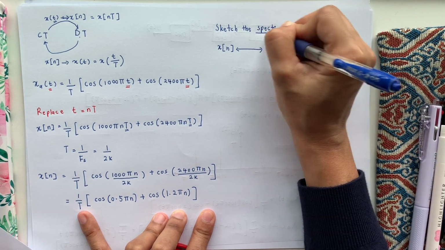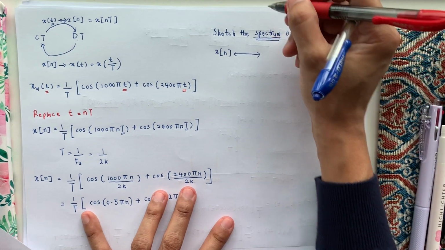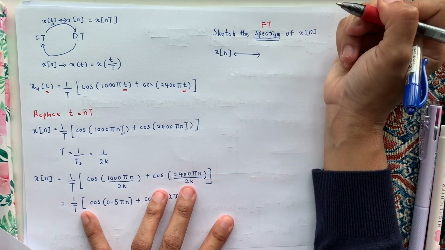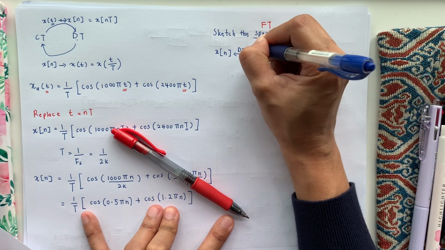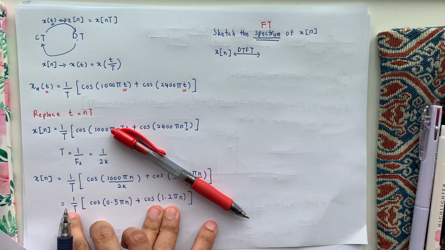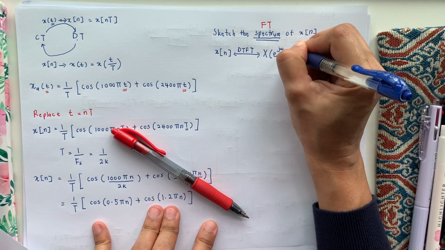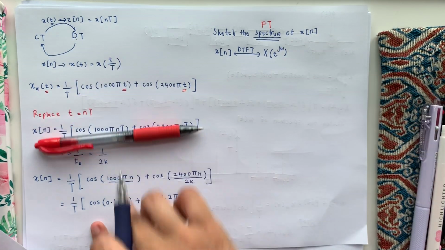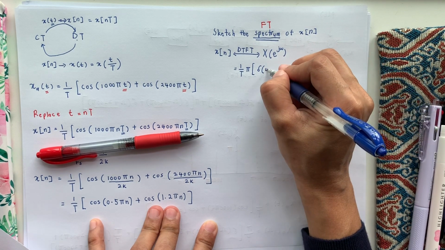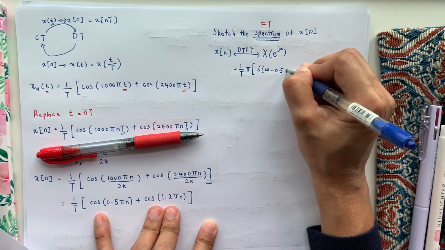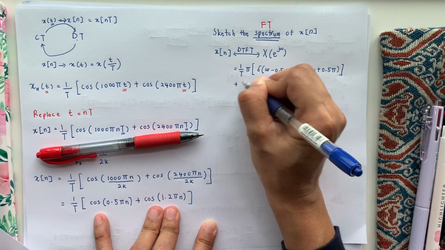Definitely when you see these keywords, automatically you know that you need to do the Fourier transform. In this case, this is the DTFT. So the DTFT of x[n] is X(e^jω). Now we have 1 over T times pi times delta, instead of capital omega, now we use small omega: delta(ω minus 0.5 pi) plus delta(ω plus 0.5 pi), plus.